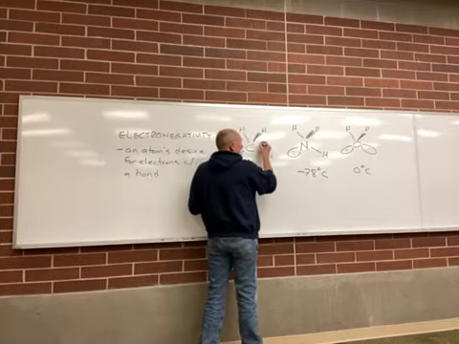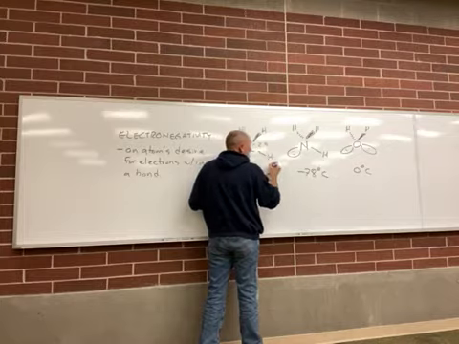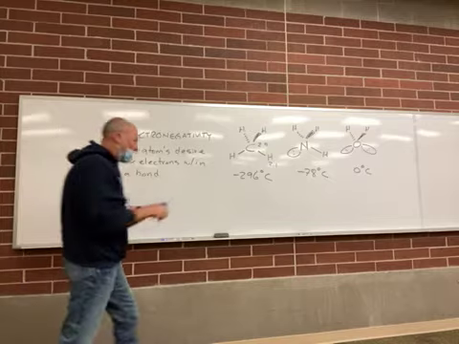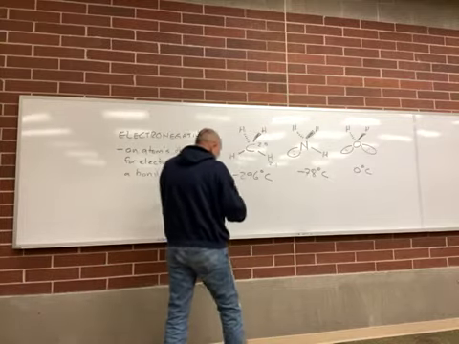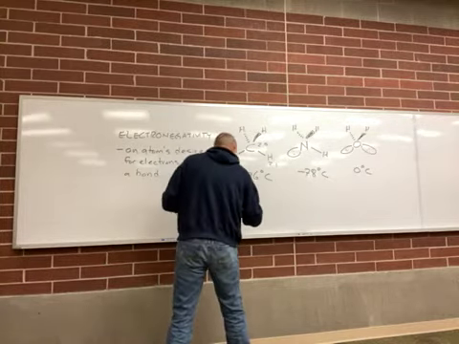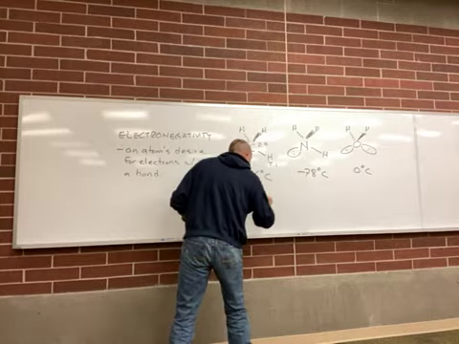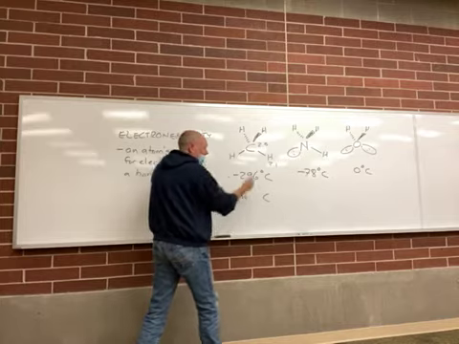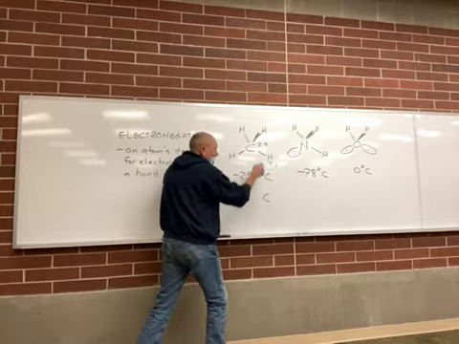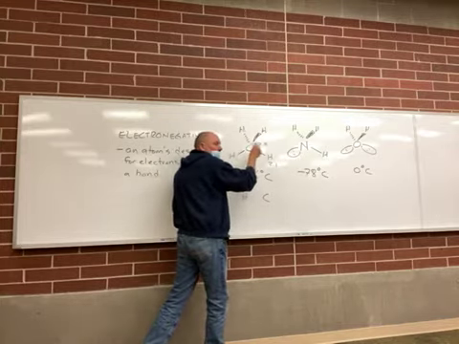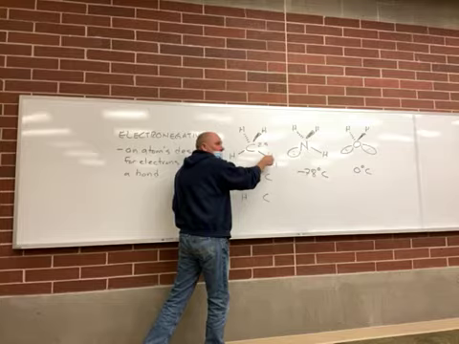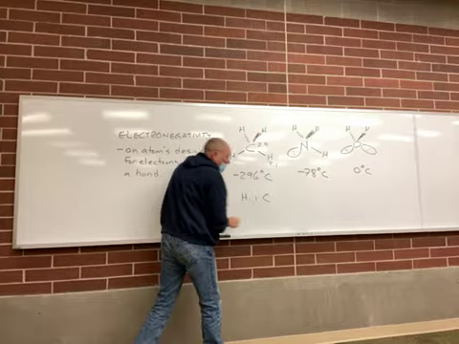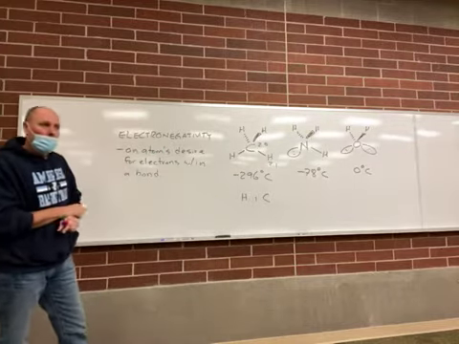Carbon is 2.5. Hydrogen is 2.1. Okay? So in that context, if you look at the hydrogen-carbon bond, or in this case, if you look at where the electrons are, they're just slightly closer to carbon than they are to hydrogen. Okay? So they're just slightly closer to carbon than hydrogen, not in the middle. Right?